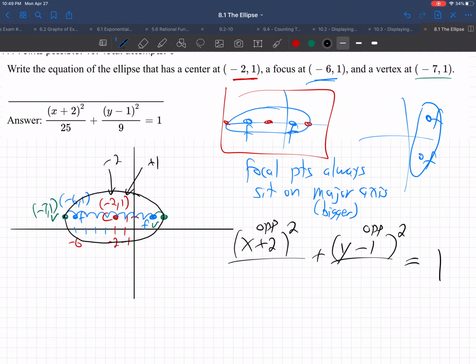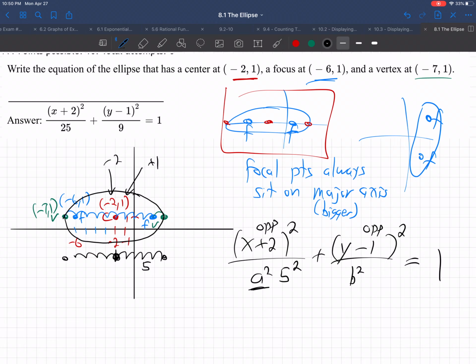Okay, that's the center. So now what goes underneath x and underneath y? Well, whatever's underneath x is how far right and left. And that must be 5 squared, right? Because from the center to the edge, it's 1, 2, 3, 4, 5. You could go left or right. It doesn't matter.